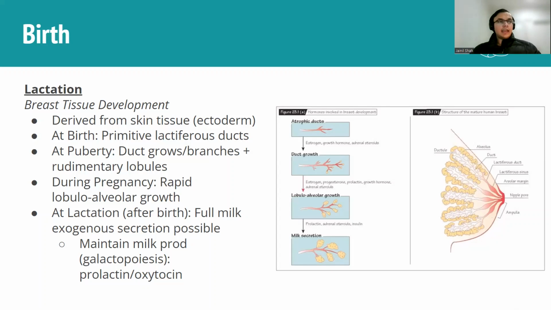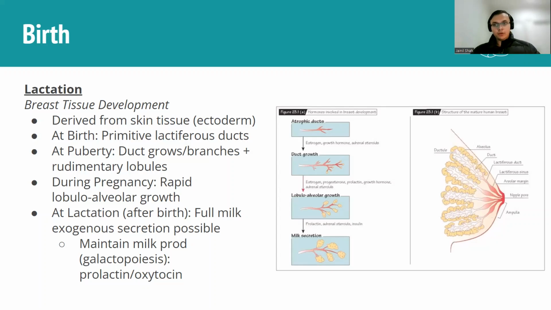Then at puberty, during exposure to estrogen, the ducts of the breast undergo rapid growth and branching, and there's also formation of rudimentary or very basic lobules, but again, still not very functional. During pregnancy, there's rapid lobulo-alveolar growth.